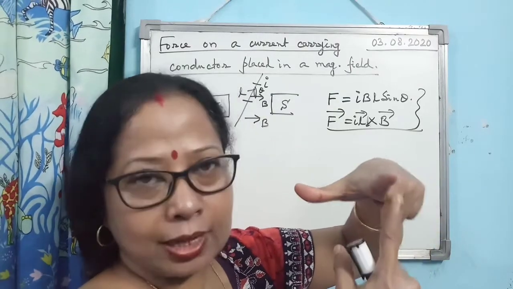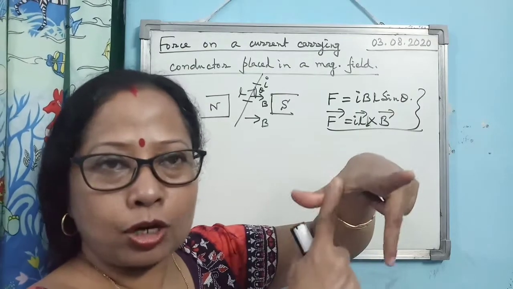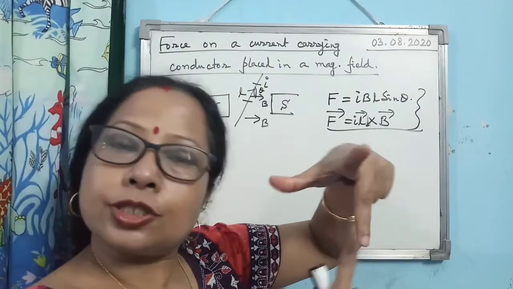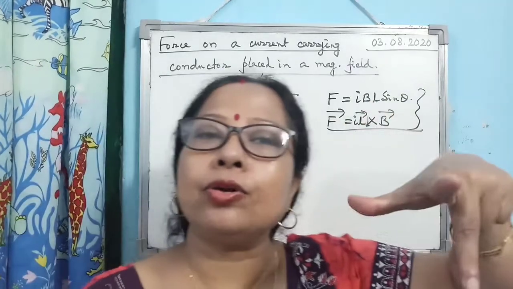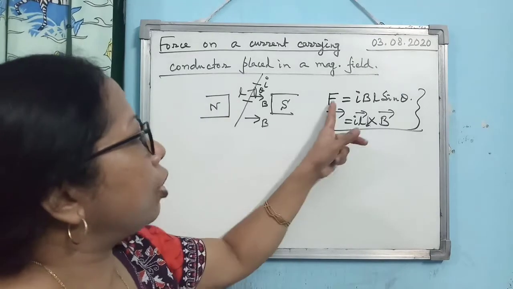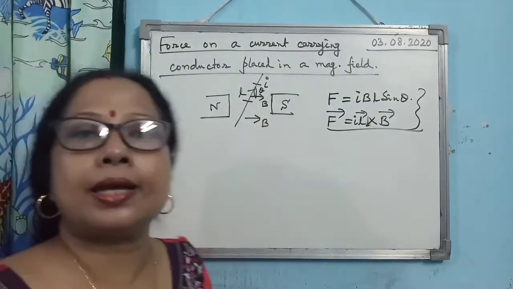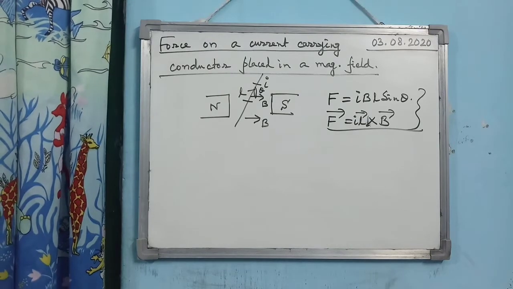Child means the direction of the current. Father, mother, child: force, magnetic field, current. So by using Fleming's left hand rule, you can find out the direction of the force experienced by a current carrying conductor placed in a magnetic field.